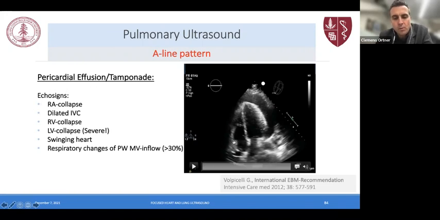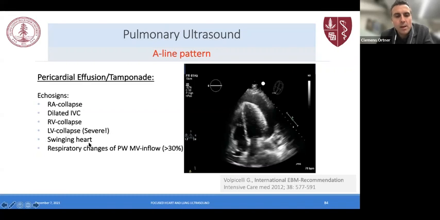Don't forget that the pressure in the right atrium over the cardiac cycle is the lowest, so the right atrium will be the first part of the heart where you might see a collapse in tamponade physiology. You will also see a dilated IVC. The more severe the tamponade physiology gets, you will also see a right ventricular collapse, and in the most severe cases also an LV collapse.